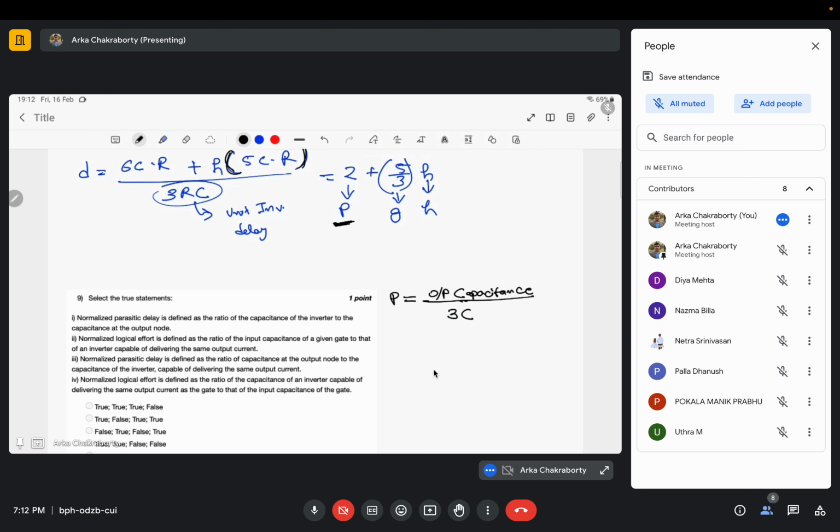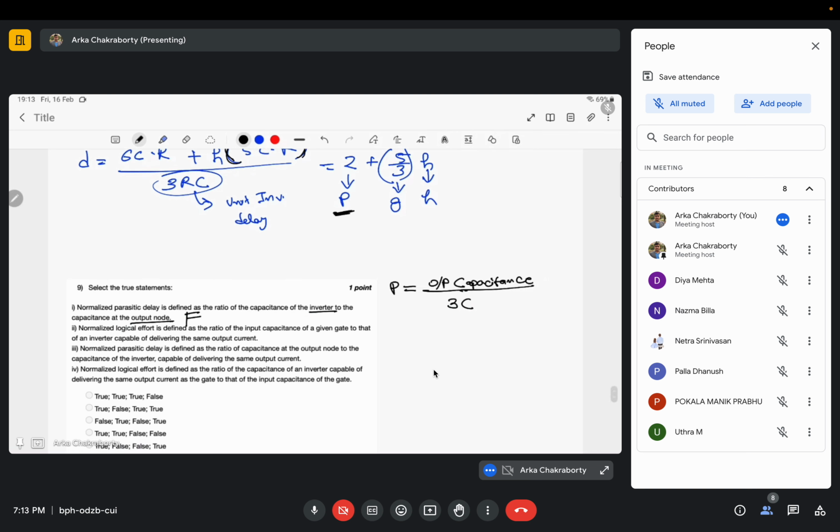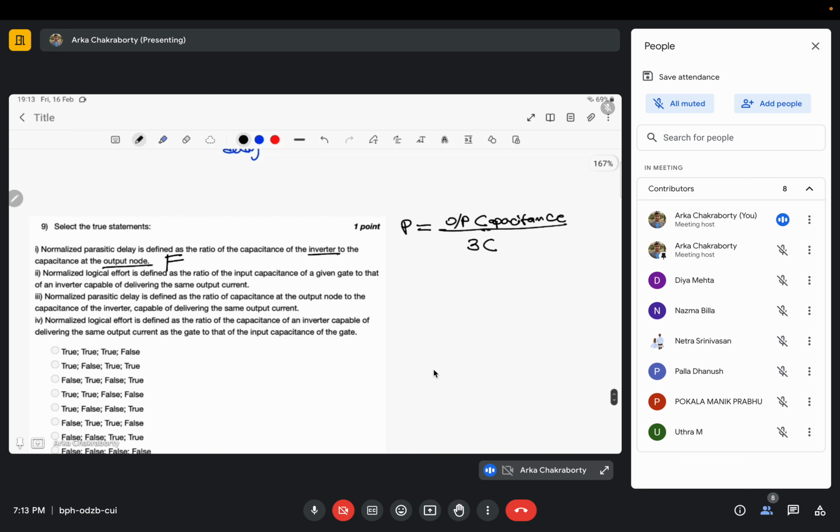Okay, as R is the same, we can cancel this R. This R is the same in both cases, so we can omit them. So it is basically the definition: ratio of output capacitance by capacitance of a unit inverter. As the first statement gives capacitance of the inverter to the output node, the reverse is given, it is false. Correct? So the first statement is wrong, it is the other way around.